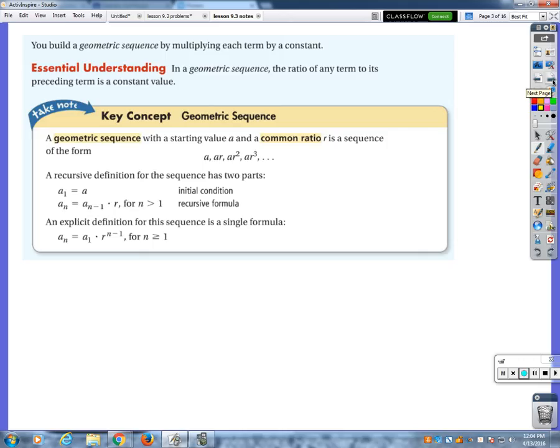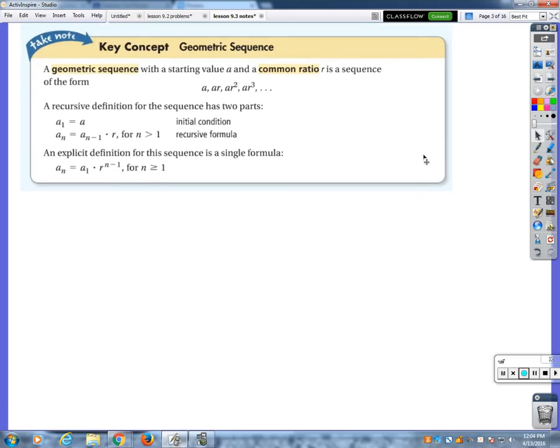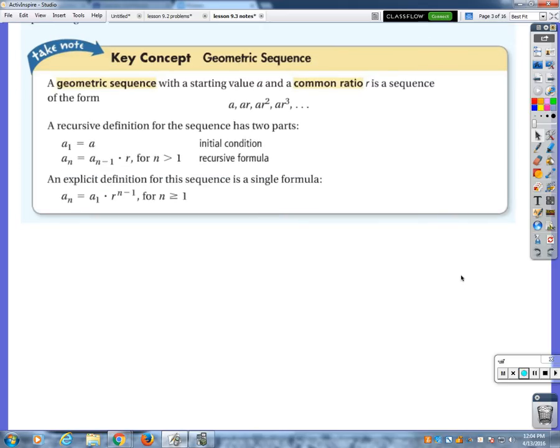And so for this, instead of having a common difference, we're going to have what we're going to call a common ratio. Whatever you're multiplying by is going to be our common ratio, which we're going to use the letter R to stand for.